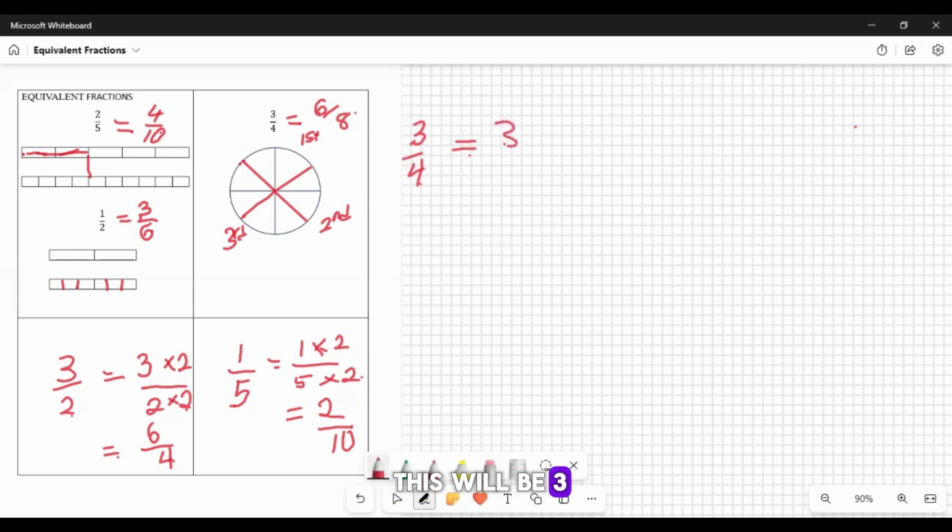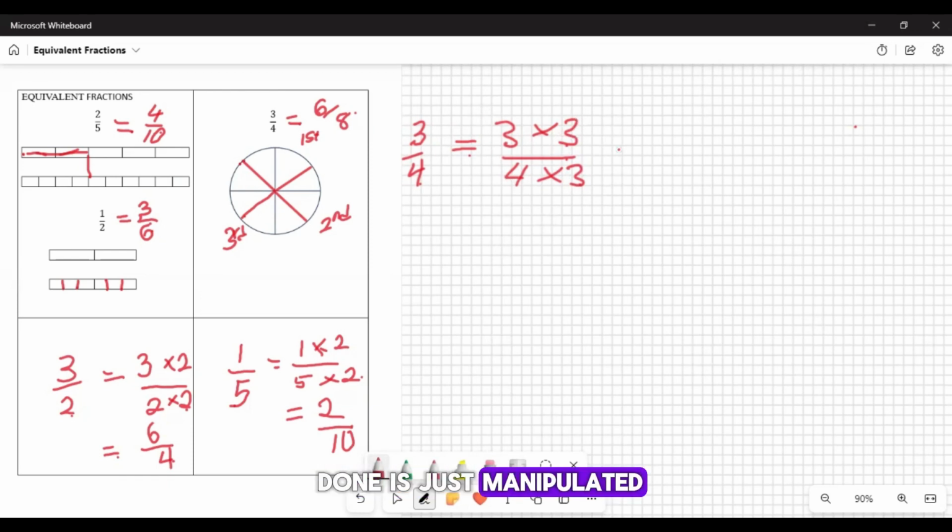So this will be 3 multiplied by 3 over 4 multiplied by 3, because I want to make the denominator 12. You realize that 3 divided by 3 is actually 1. All that you have done is just to manipulate it so that you will get what you want.